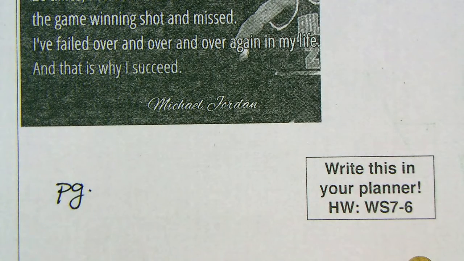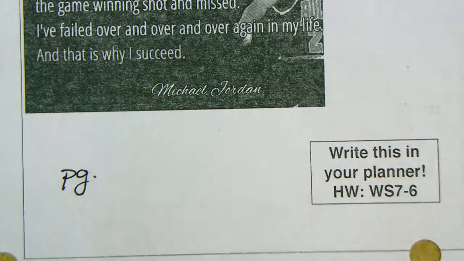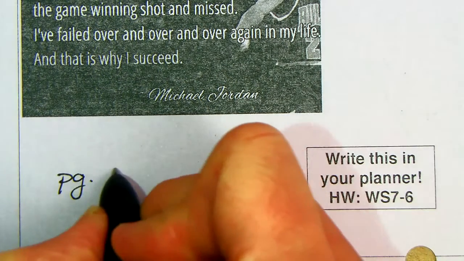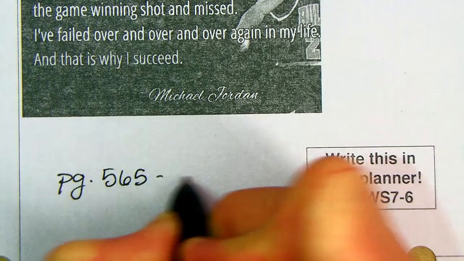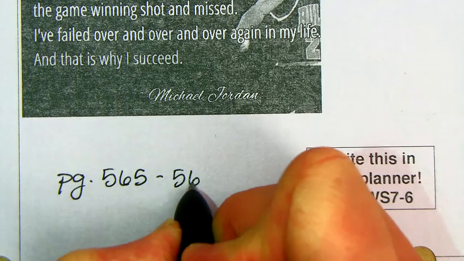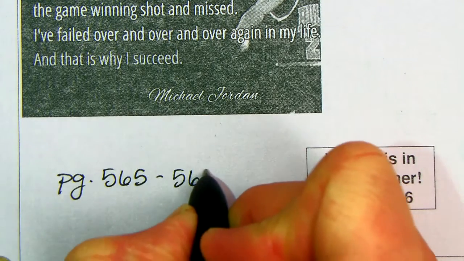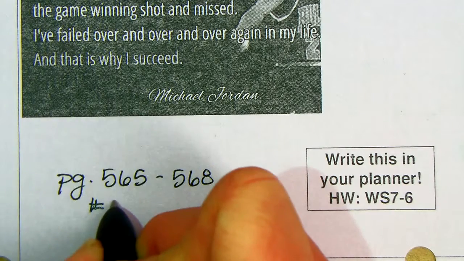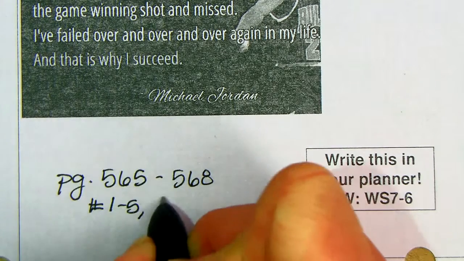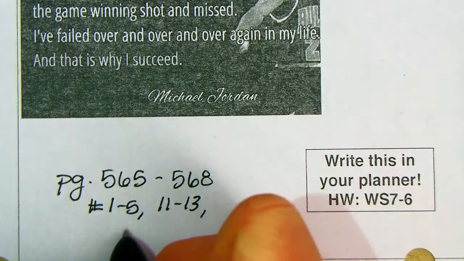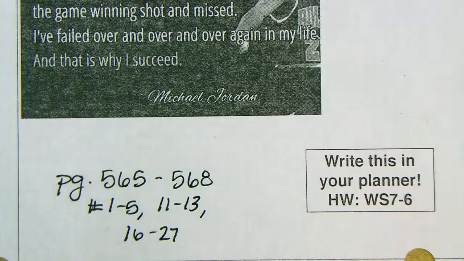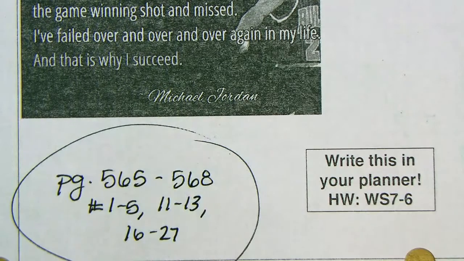It's going to start on page 565, but I'm pretty sure it goes to page 568. You're going to do 1 through 5, then 11 through 13, and last 16 through 27. All right, tomorrow or the next day you'll get a purple worksheet, but for today, you're in your textbook. All right, thank you, good luck, and come see me if you have any questions.